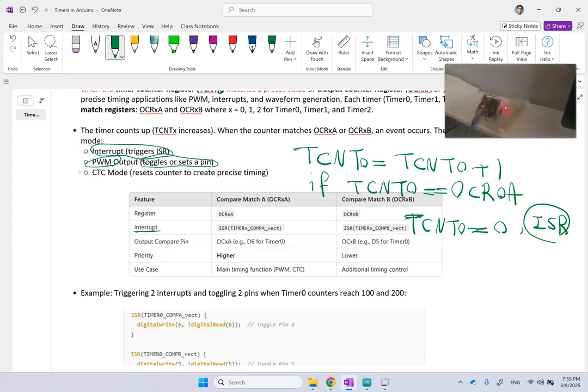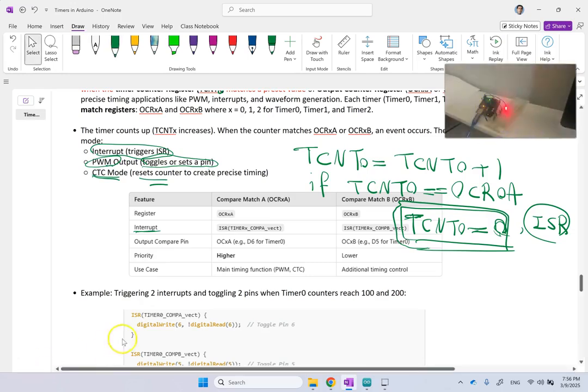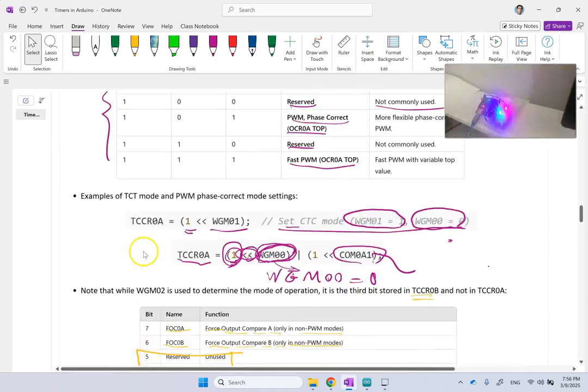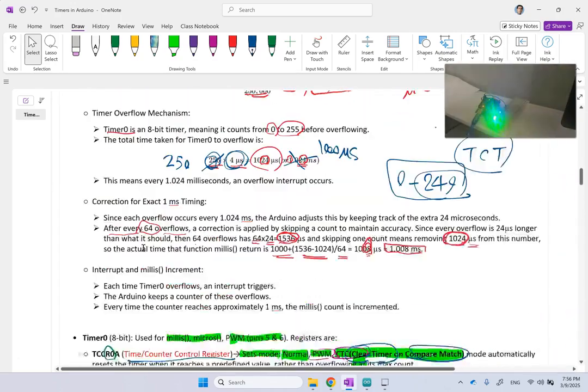Or if it's in CTC mode, then you reset the counter, which is this one, as I said, and this allows for very, very accurate timing because you can set this number to any number that you want. And that allows very accurate timing. As I said, instead of 1008 microseconds that you typically see in the millis function, correct?